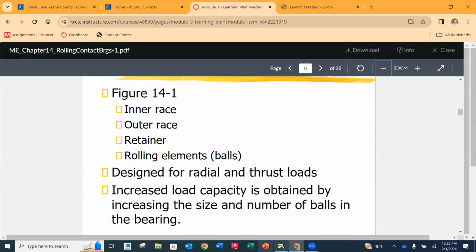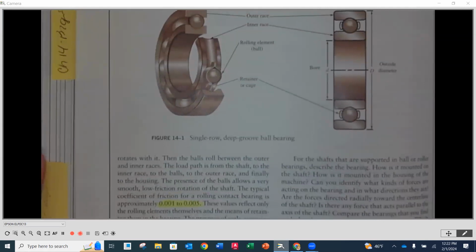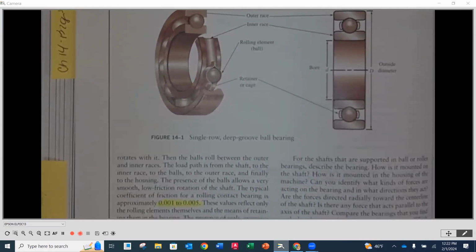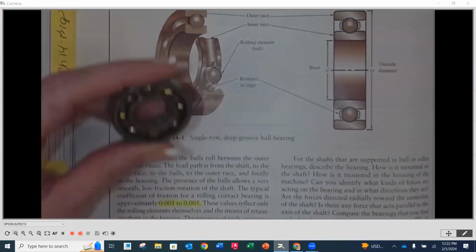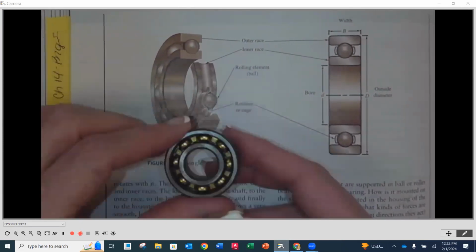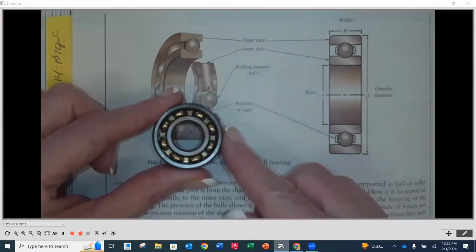Okay, so let's take a peek underneath again at the single row deep groove ball bearings. Now I happen to have some bearings here. All right. And if you're in the room, you get to kind of see these as well. But I think the pictures are pretty good and pretty self-explanatory. So here we have a bearing. You can see the inner race, the outer race. Okay.